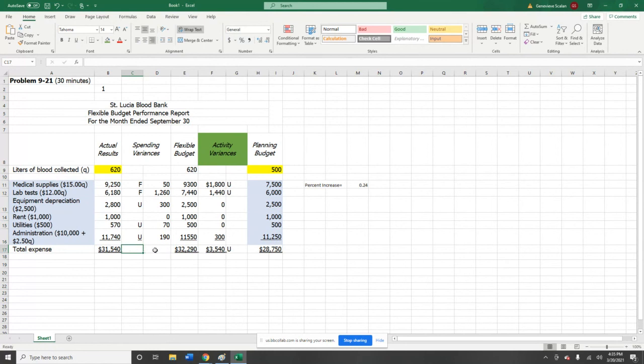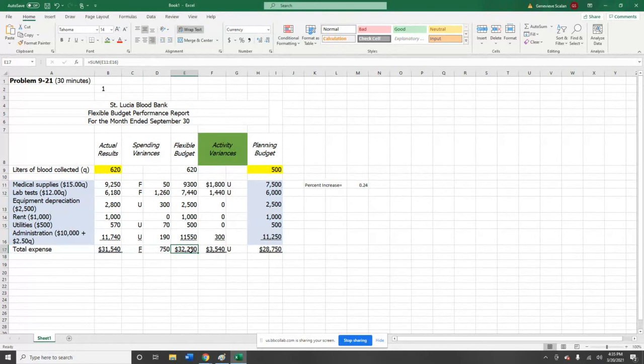And the difference between these two is 750, and that is actually a favorable variance, right? Because on total, we spent less than we predicted we would at 620.